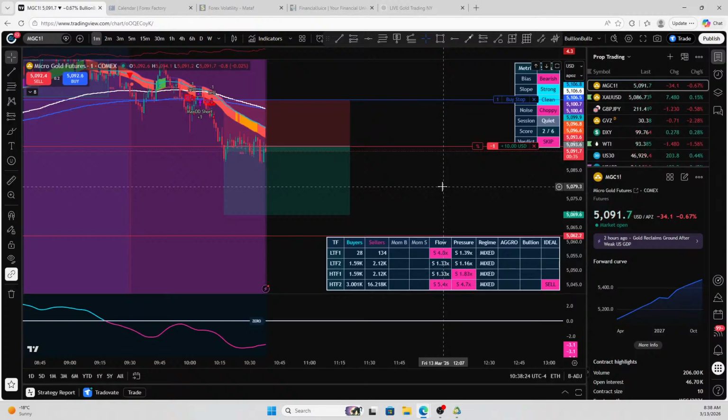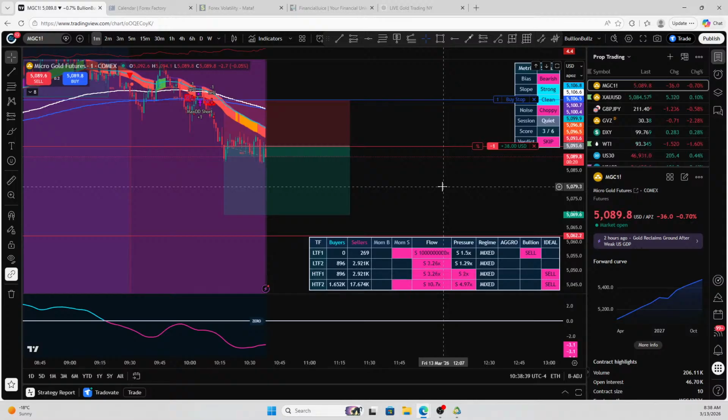Yeah, pressure is looking good so far, which is keeping us inside the trade. But if it starts to go up, then potentially we might have to just exit. So right now pressure is at 4.97. As long as it keeps on increasing, we should see price pushing down.